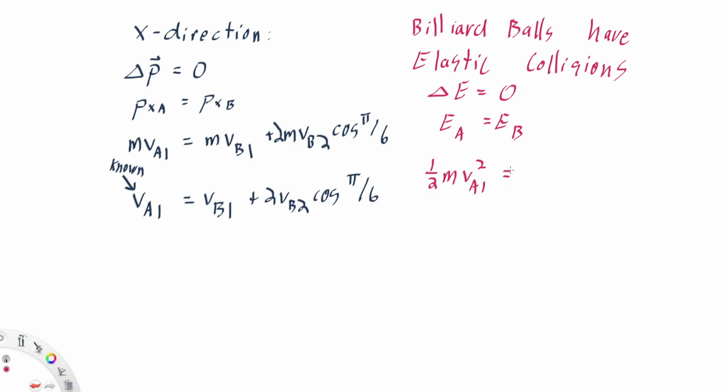After the collision, we have the post-collision kinetic energy of the first ball. We also have the kinetic energy of the two non-cue balls, which are traveling at the same speed. So there's two of them, and each of them has 1/2 mvb2 squared worth of kinetic energy. There's a 1/2 m in each one of these terms. They cancel out.